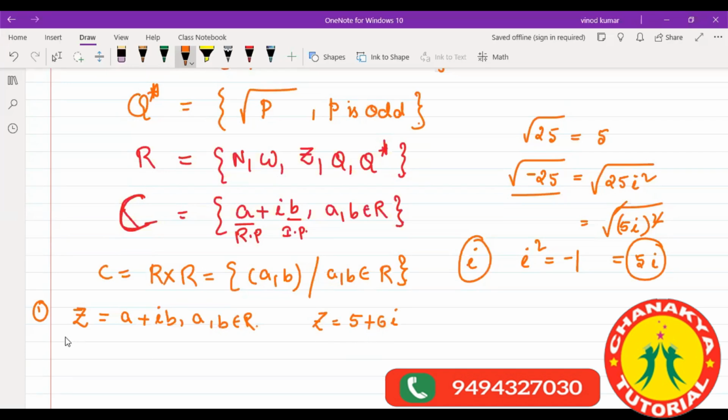Now, the equality of two complex numbers.